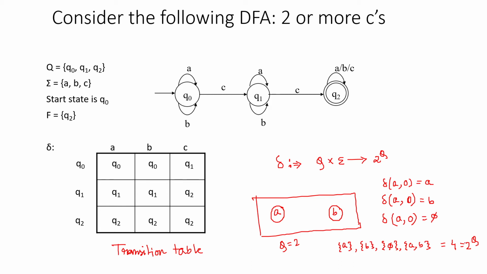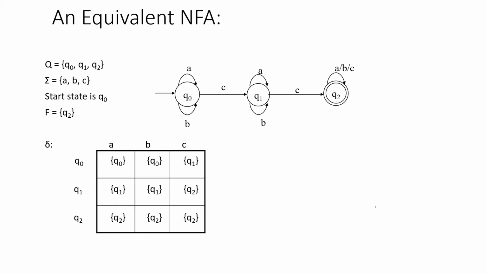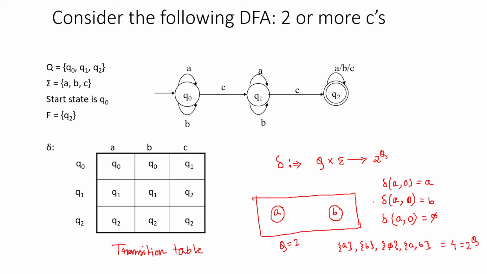So that means if I want to accept the same language with an NFA, since the machine will not change, what will change? The writing style of the transition function will change. You see, if you want to notice the difference between the state diagram or the machine, you see they are the same.